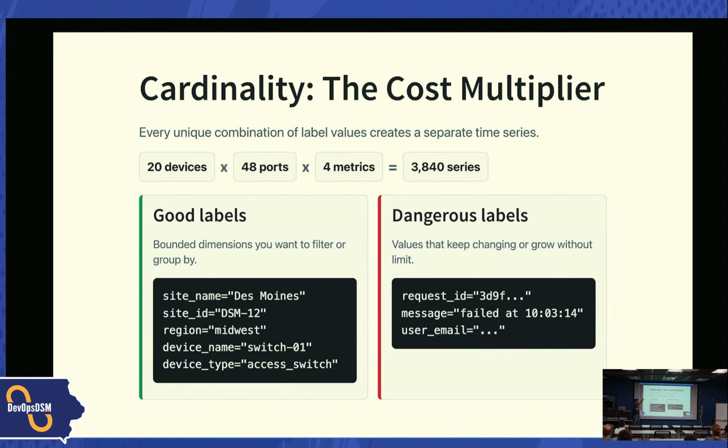If we have 20 devices and there are 48 ports on each of them, if they were switches, and on each of those ports we are tracking 4 different metrics, then you'd end up with 3,840 series. Now, the actual numbers here don't really matter that much, but what is important is the operator between these. It's a multiplication.